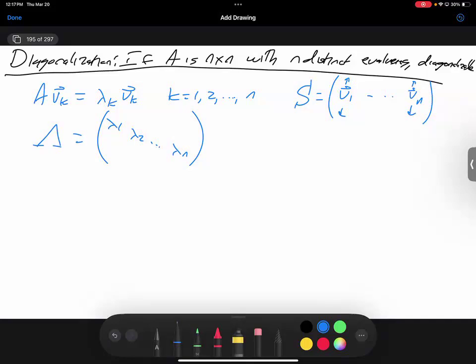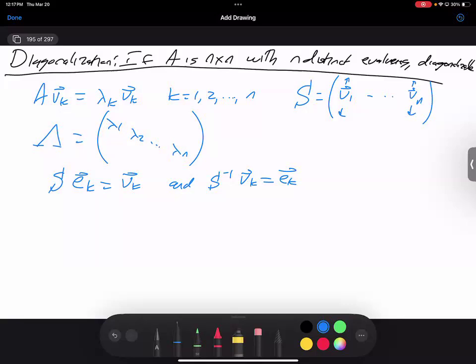Yes, e1, e2, e3. Now, S takes Ek and gives you Vk, and S inverse takes Vk and gives you Ek.